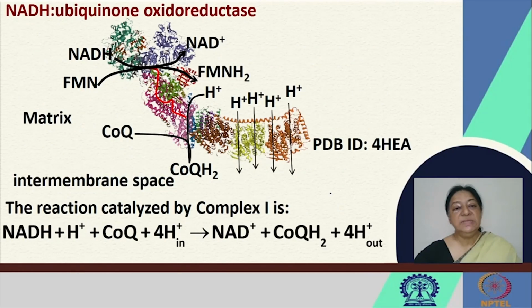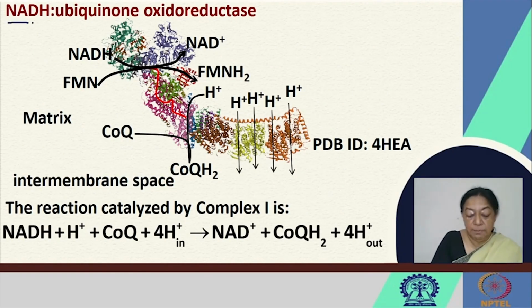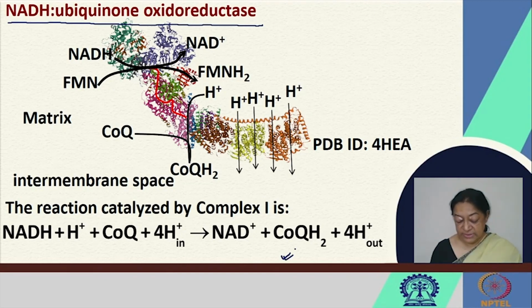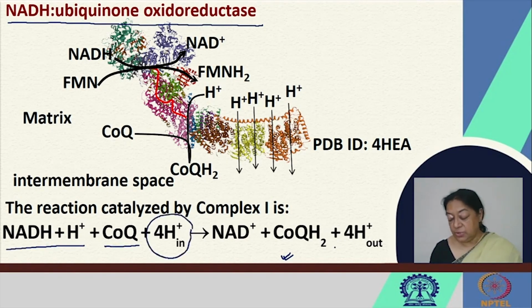So in this case, the complex 1, that is NADH ubiquinone oxidoreductase, a series of processes occur and the overall reaction is this, where we have the NADH, H plus and the coenzyme Q. 4H plus in are taken to 4H plus out into the intermembrane space, and we have a reduction of coenzyme Q to coenzyme QH2.